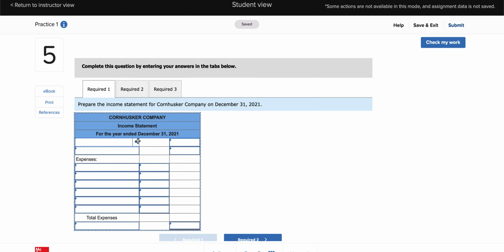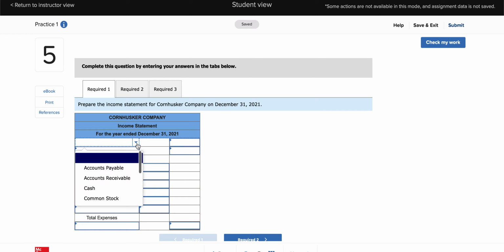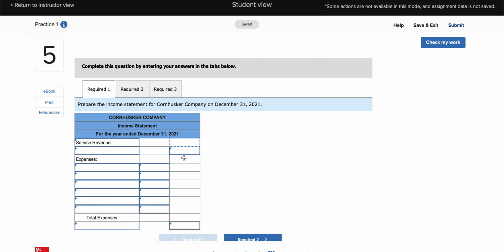So I want revenues, and in this case, the revenues are, let's see, service revenue recognized during the year. Just wanted to make sure what they call it in this case. Service revenue is equal to $37,000.